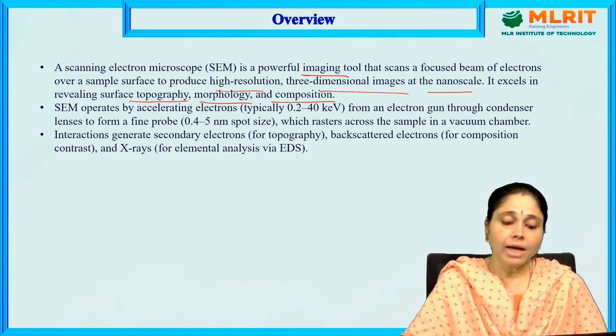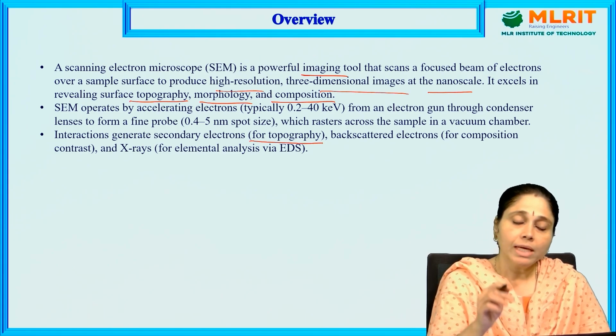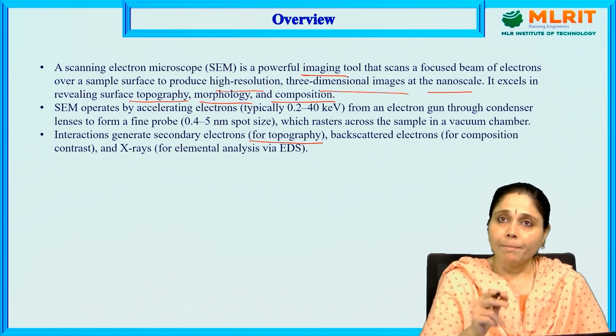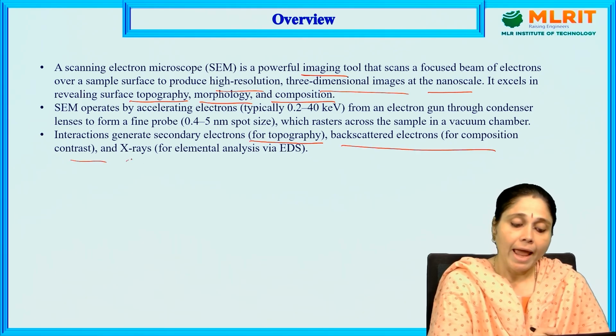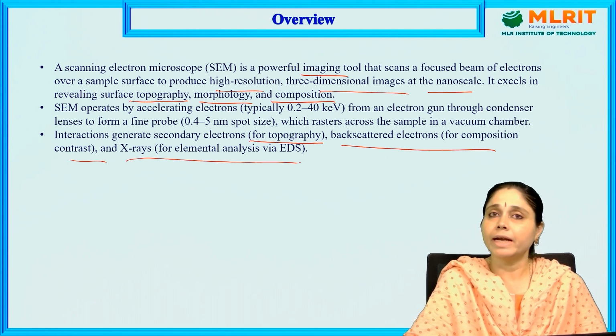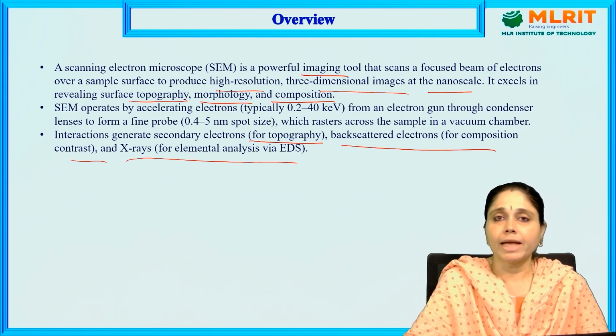Interactions generate secondary electrons for topography, backscattered electrons for composition contrast, and X-rays for elemental analysis via EDS. These are the things that we can have from the scanning electron microscope.